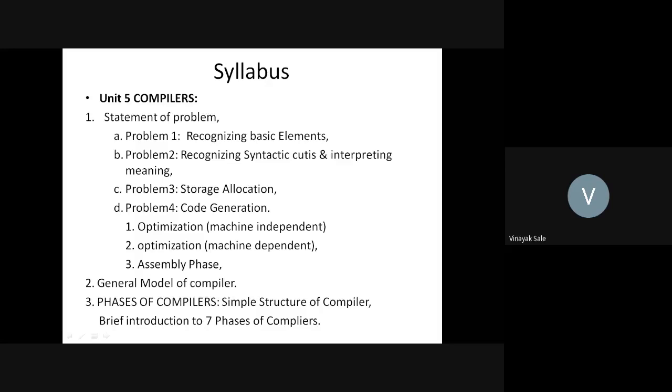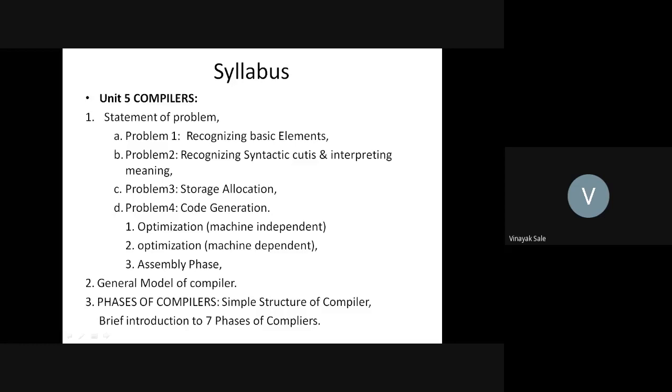Problem fourth, code generation, in that optimization by machine independent, optimization by machine dependent, assembly phase, then general model of compiler, then different phases of compilers. There are total 7 phases of compilers. So there is a brief introduction of those 7 phases of compiler.